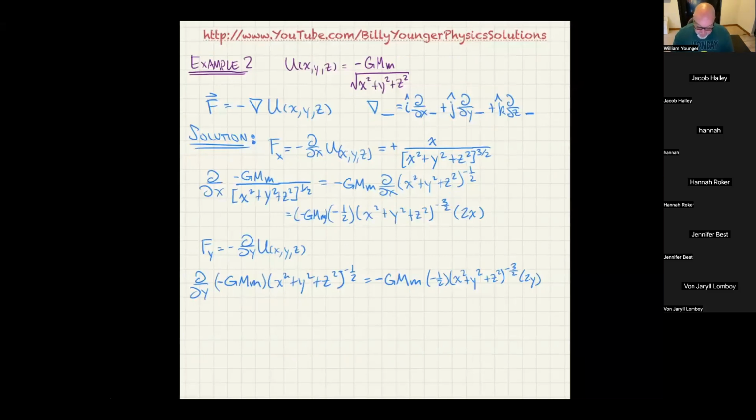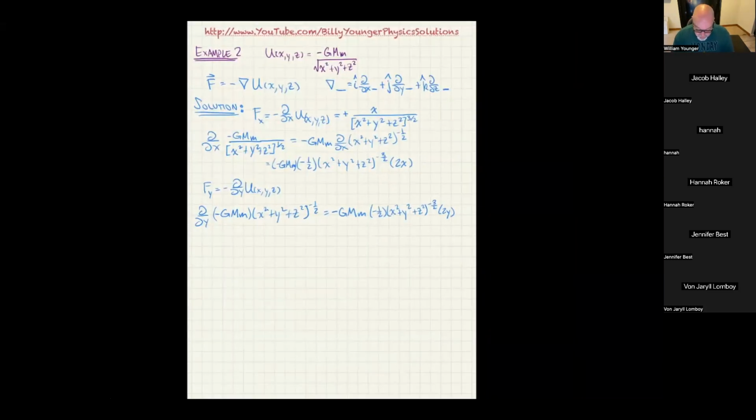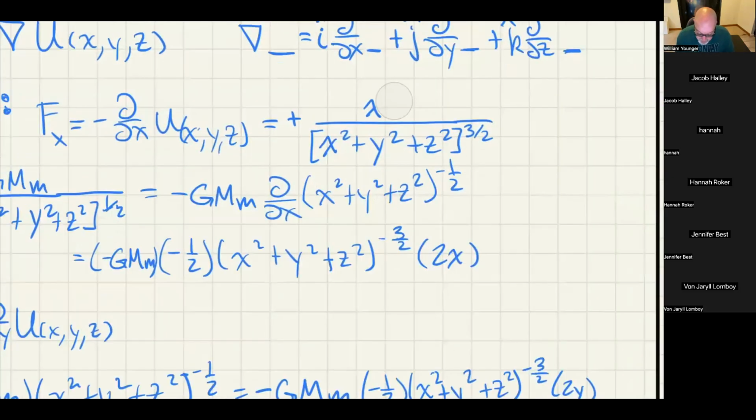Now we can see that that thing that I was so excited about, getting rid of all the negatives, now reintroduces the negative, which means this guy is now going to be negative GM x, like that.